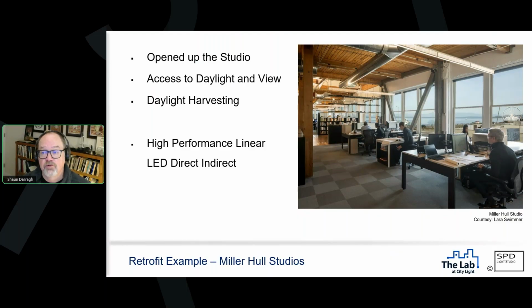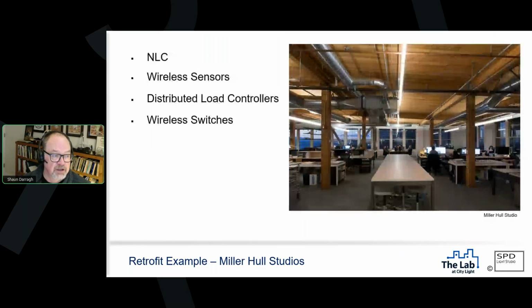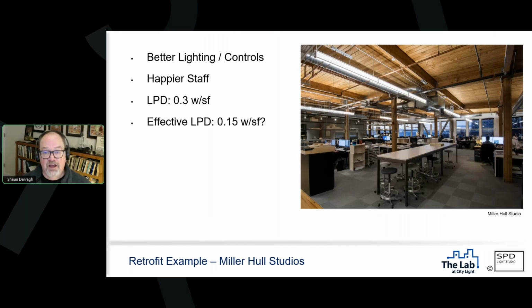And they would be able to turn just a few lights on or off based on who was there so that they didn't have to have the whole floor plate done. We used a networked lighting control system with wireless sensors and distributed controllers, wireless switches. So the installation was quite easy.